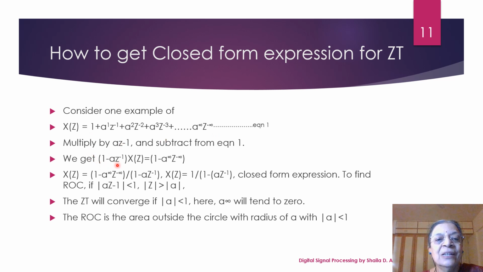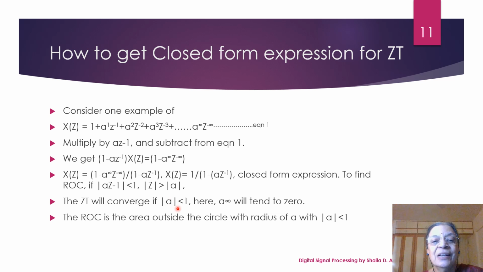We have 1 minus a z inverse into X(z), because we are multiplying this equation by a z inverse and subtracting it from equation 1. You will find that a z inverse, a square z raised to minus 2, a cube z raised to minus 3, all these in-between terms will cancel and you will have 1 minus a raised to infinity z raised to minus infinity remaining. Now we can replace this a raised to infinity z raised to minus infinity by 0 provided the magnitude of a is less than 1.